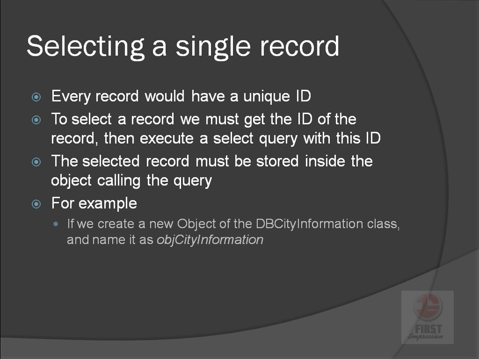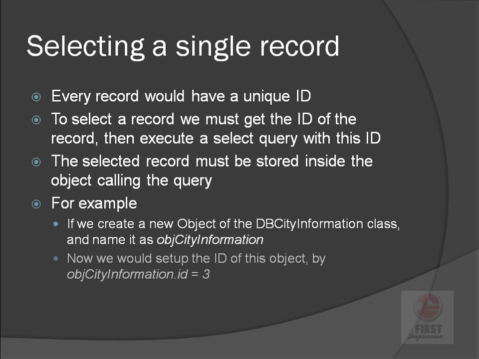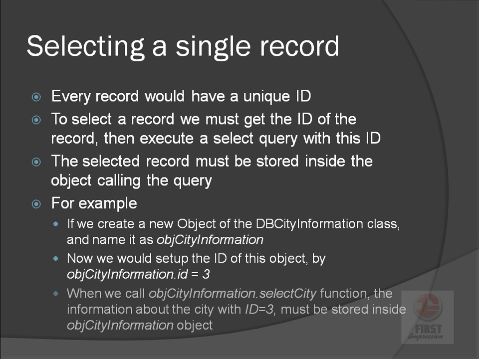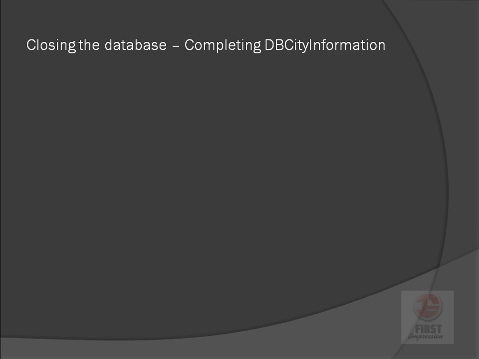For example, if we create a new object of the dbcityinformation class and name it objcityinformation, we would set up the ID of this object by saying objcityinformation.id equals 3. Then we would call the objcityinformation.selectCity function. The information about the city with ID 3 should be stored inside this object. Okay, so with that knowledge, let's complete the dbcityinformation class.